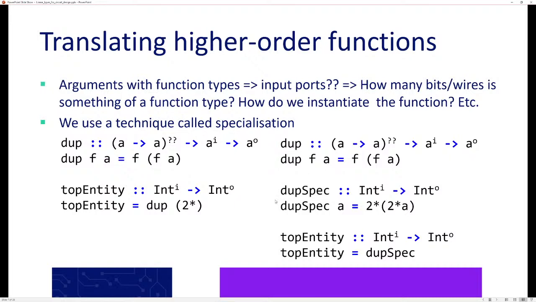So we get a new function called dupSpec, let's say dup specialized on ×2, right? And now from the apex down, which we call the top entity in Clash, the entire function hierarchy is completely first order through this specialization. Dup is no longer referenced from any part from the apex, so now we can translate it. But this requires whole program compilation.